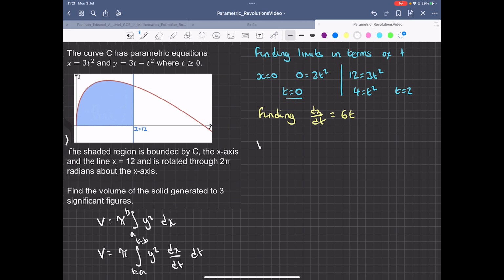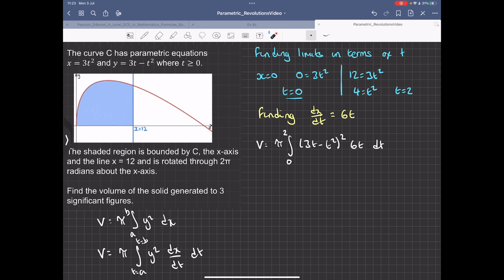So now we can say the volume is equal to pi times the integral between the limits of 0 and 2 of y squared, and we're told that y is 3t minus t squared, all squared, multiplied by dx by dt, so multiplied by 6t, integrated with respect to t, so dt.